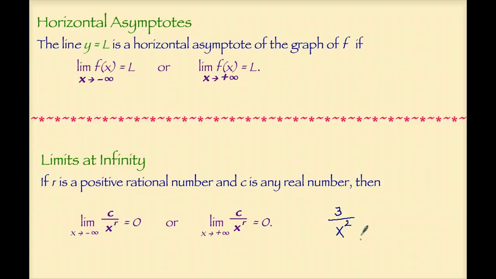So understanding the characteristic of this rational function helps us to see why as x gets very large, approaching positive infinity, or very small, approaching negative infinity, this fraction gets very, very close to 0, approaches 0. And so that's why the limit as x gets very large or small with a rational function where the numerator is a constant and the denominator is a variable raised to any power becomes 0.